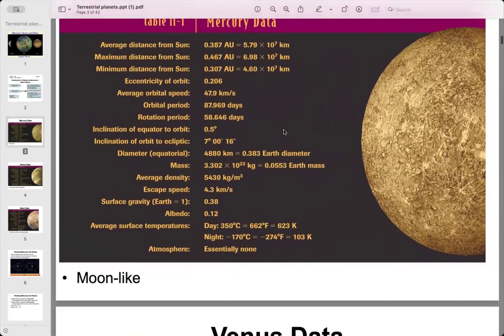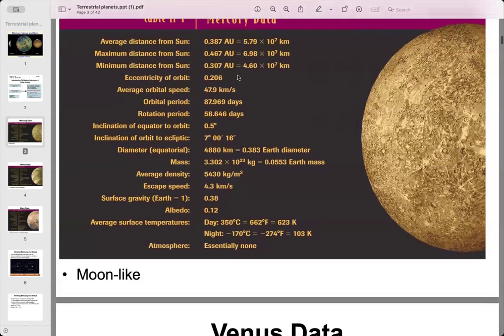The number 38 appears in a few places when it comes to Mercury. For example, average distance from the sun is about 0.38 astronomical units. The diameter in terms of Earth diameter is 0.38 Earth diameters. The gravity is 0.38.